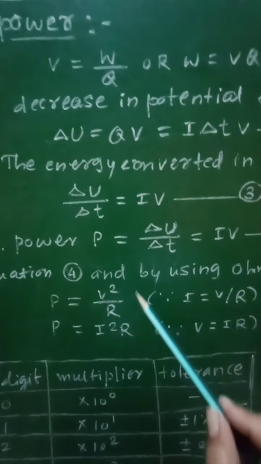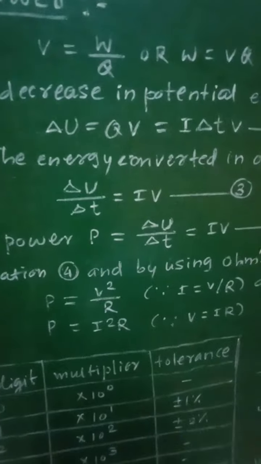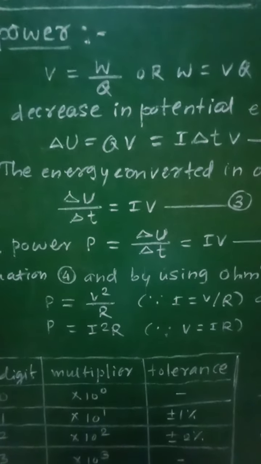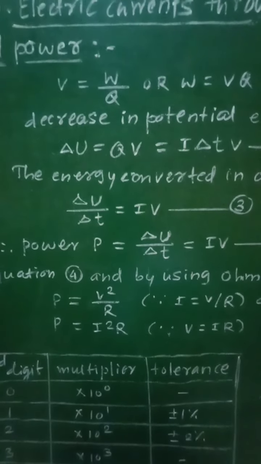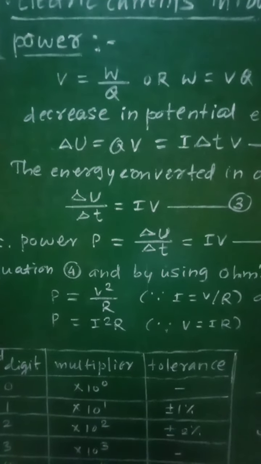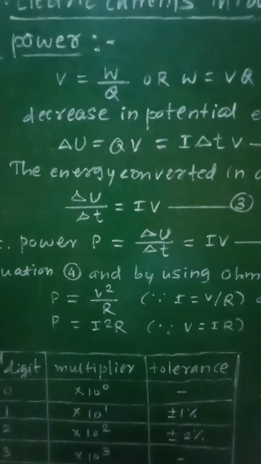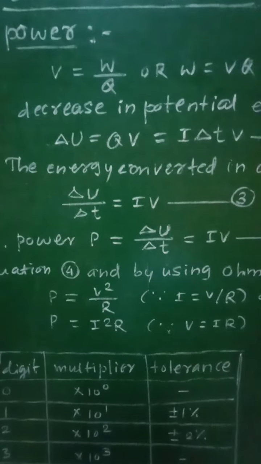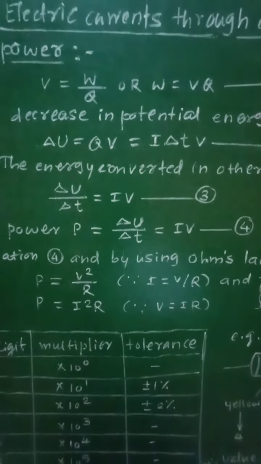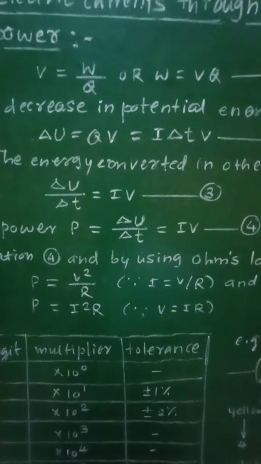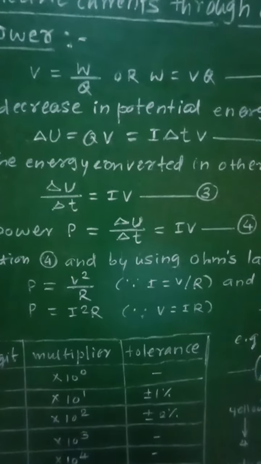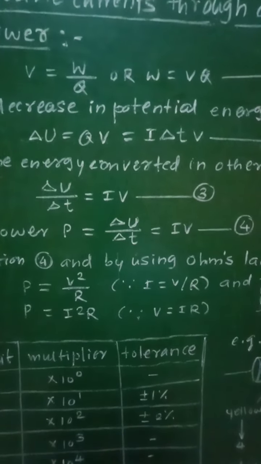This power is transferred to that resistor. When the applied electric field is there, free electrons move across the resistor, and hence there will be an increase in the kinetic energy of the electrons. Due to the applied electric field, the electrons will be set into motion, and hence due to the motion these electrons will possess kinetic energy.